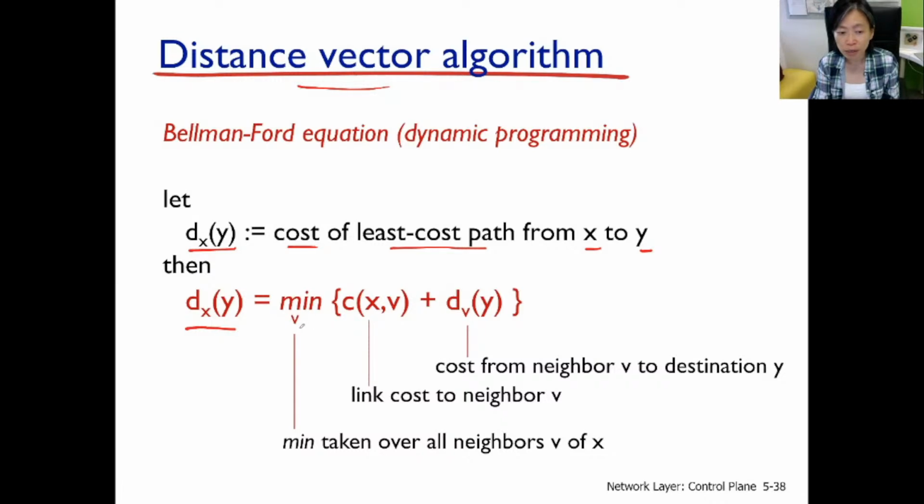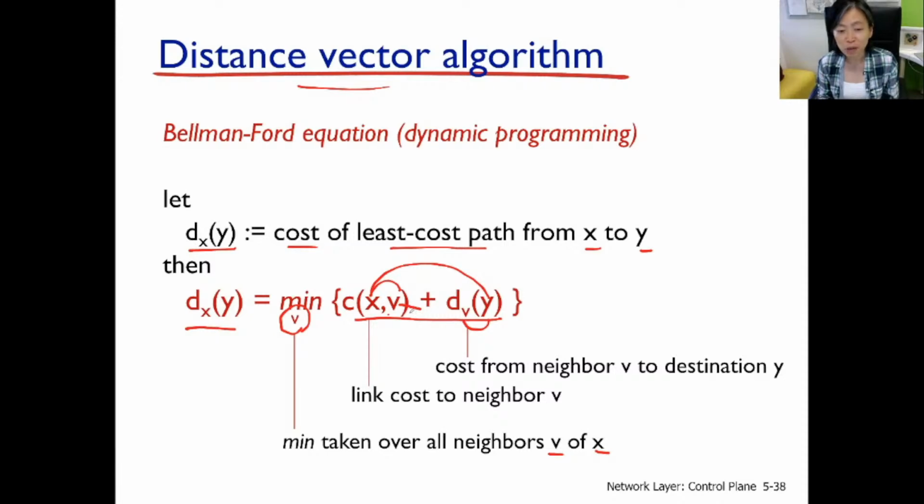The way to do it is to go over all the v's. V's are the neighbors of the source. For each v, we calculate the cost to go from the source to the neighbor, plus the cost from the neighbor to the destination. So the sum here is the cost to go from the source to the destination through a particular neighbor v.